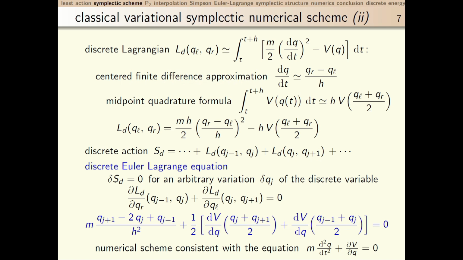And for integrating the potential, you just have to use the mean rule, the midpoint formula, and therefore you have this very classical expression of the discrete Lagrangian, and after that the action is the sum of all these guys, and when you say that this action is stationary among the variation of Qj, you obtain these relations which were presented yesterday, and you obtain this kind of discrete Euler-Lagrange equations.